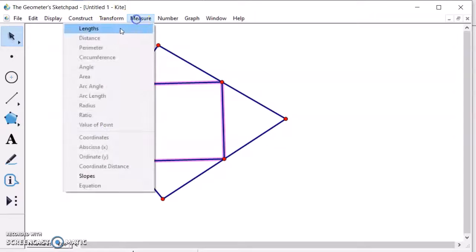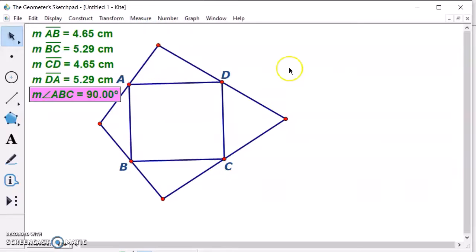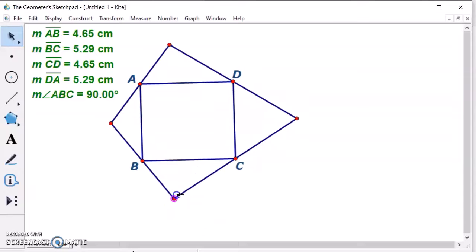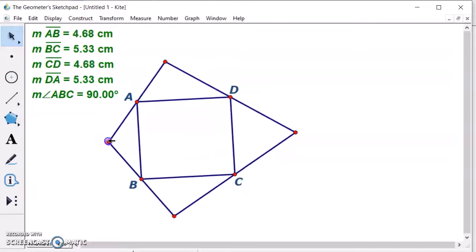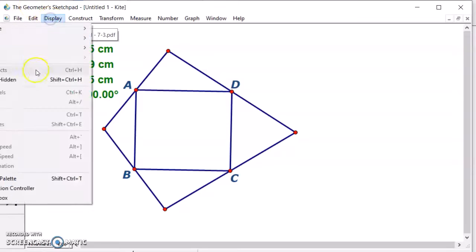So now let's measure these lengths. And what do you observe? Let's measure an angle to see if we observe anything there. And so now with the dynamic geometry, I should be able to, let me show all hidden.